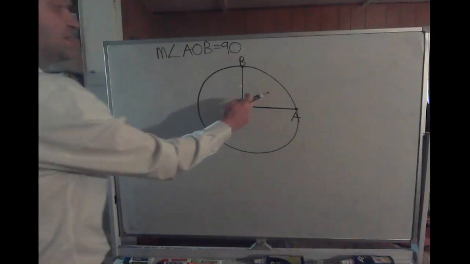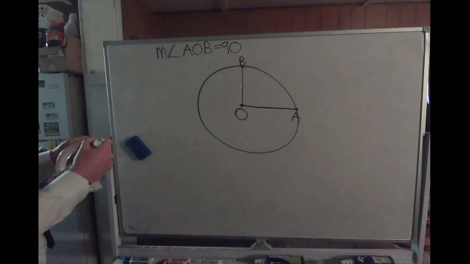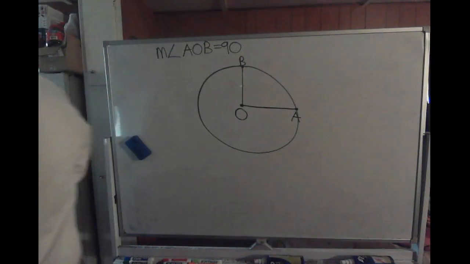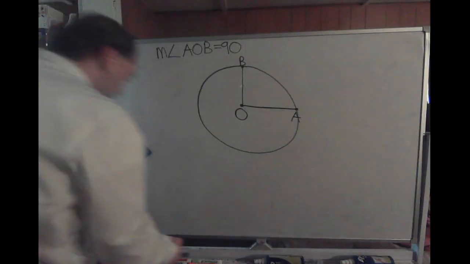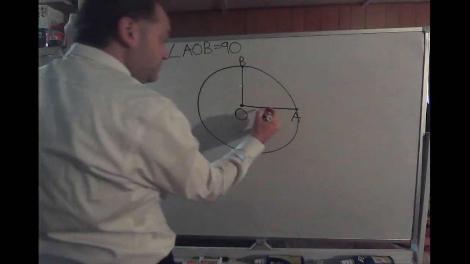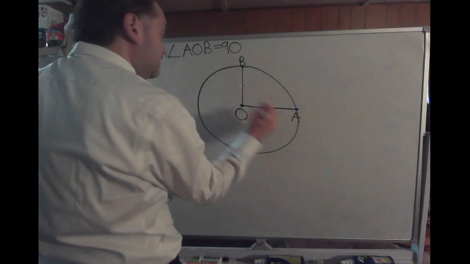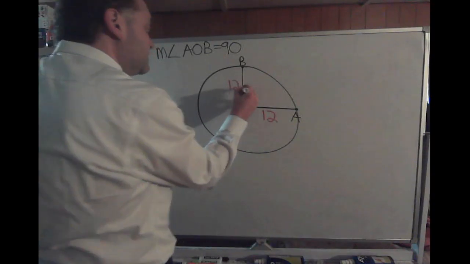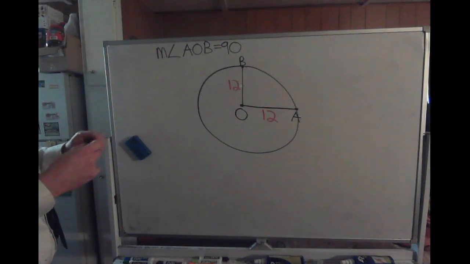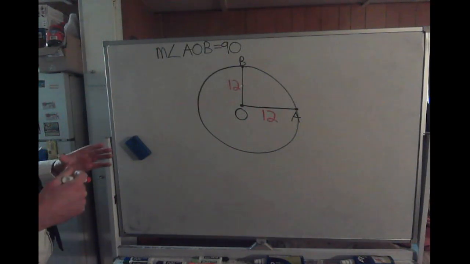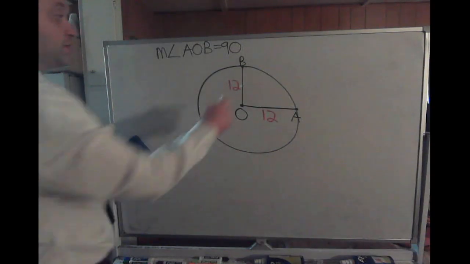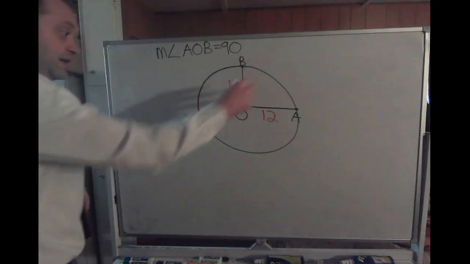This is a 90-degree angle. They tell us that the length of each radius is 12. What they want us to do is solve for the length of segment AB that we form.